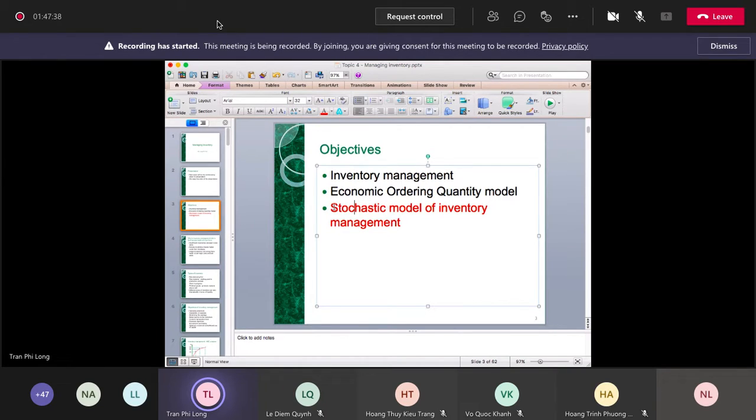Any idea about the word stochastic meaning? Is it involve randomly distributed?